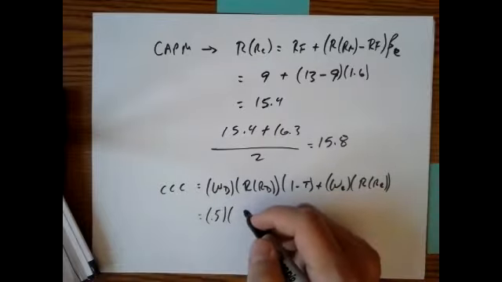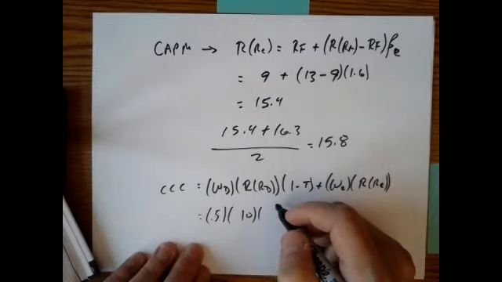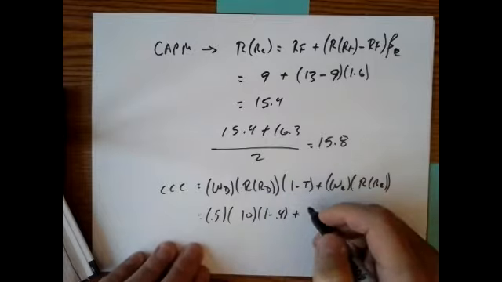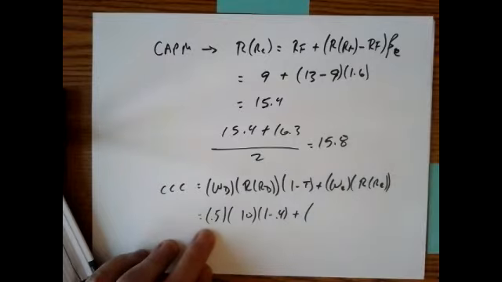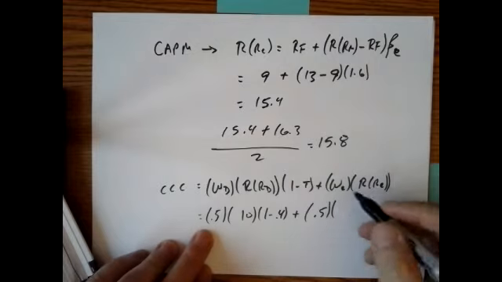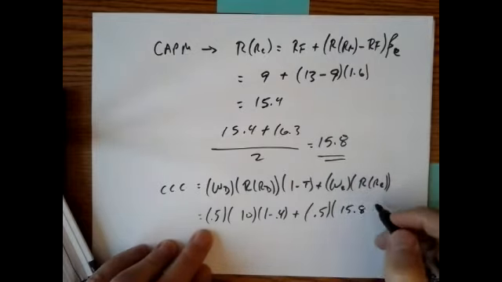The weight of debt is 50%. The required rate of return on debt, according to the problem, is 10%. The tax rate is 40%, so 1 minus 0.4. If the weight of debt is 50%, then the weight of equity is 50%, and for the required rate of return on equity we're going to use our 15.8.